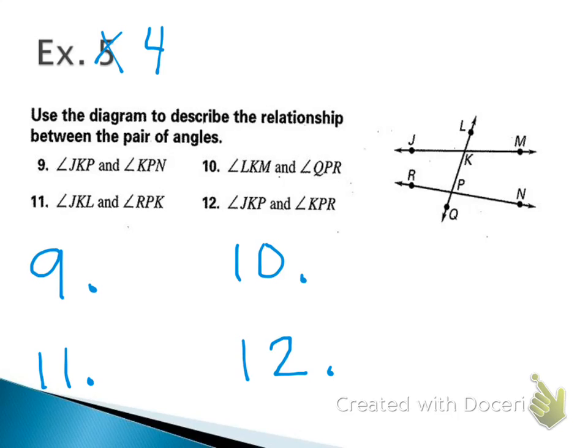All right, number 10, we want JKP. So start with J, go to K, down to P. We also want KPN. So anyone know the relationship between JKP and KPN?